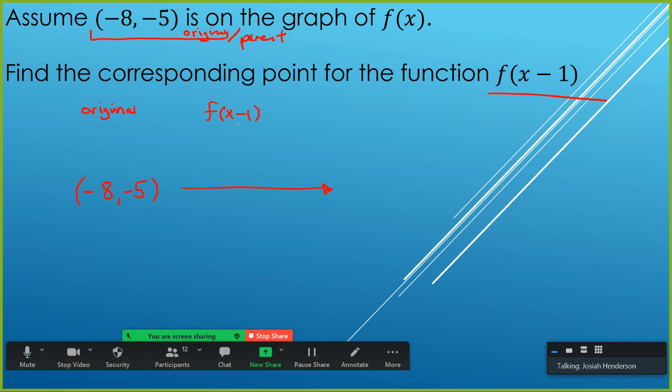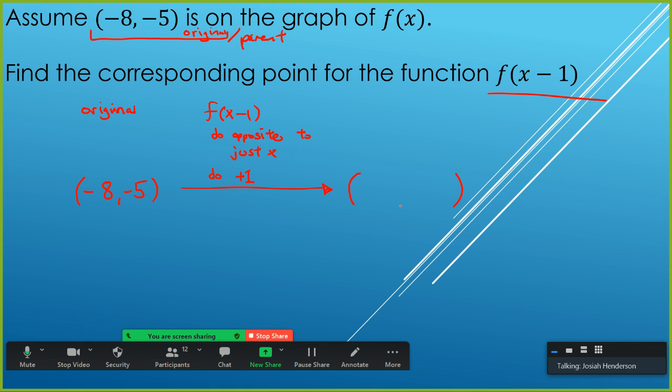What does that mean? It's in the parentheses, so we do the opposite to just the x. Leave y alone here because it's not a vertical translation, right? It's just a horizontal. What's the opposite of minus 1? We're going to do plus 1 to just x.